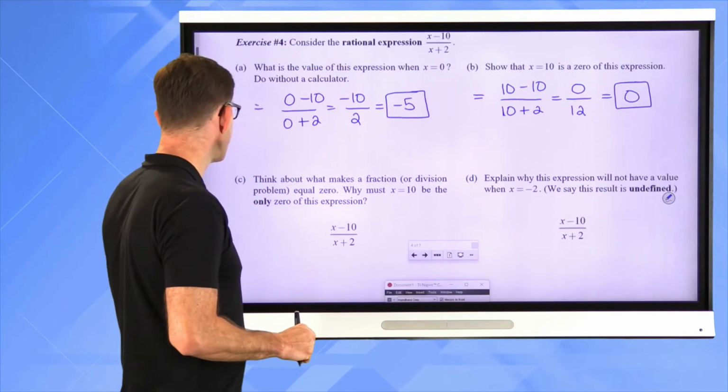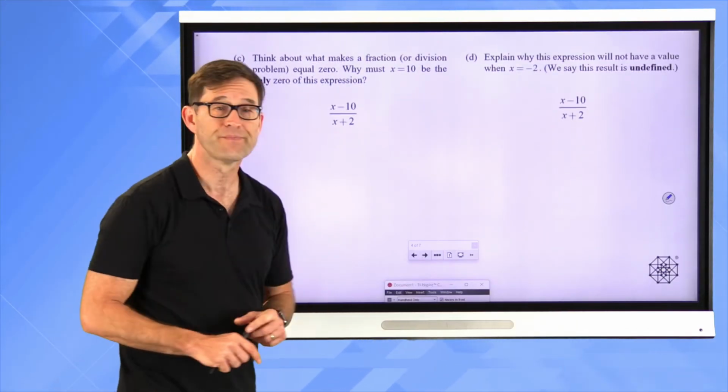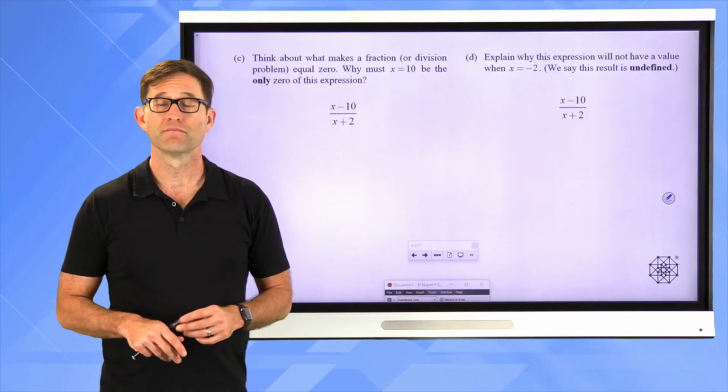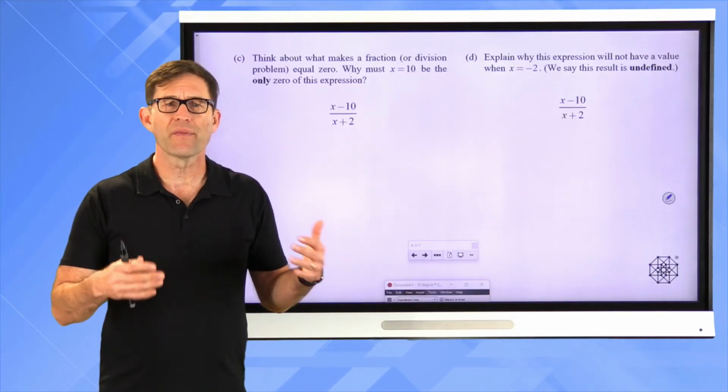All right, let's take a look at letter C. Think about what makes a fraction or division problem equal to 0. Why must x equals 10 be the only 0 of this expression? All right, well, let's talk about this together.